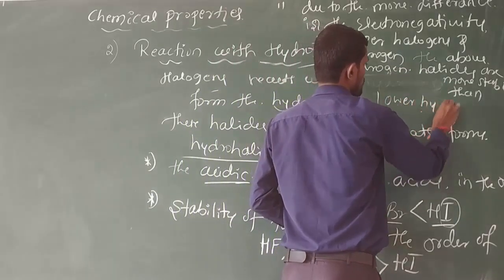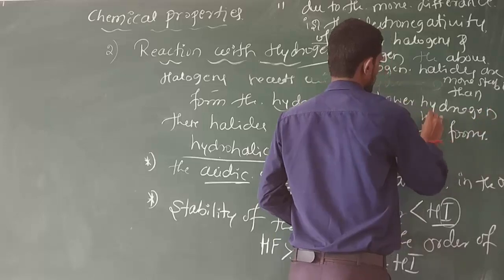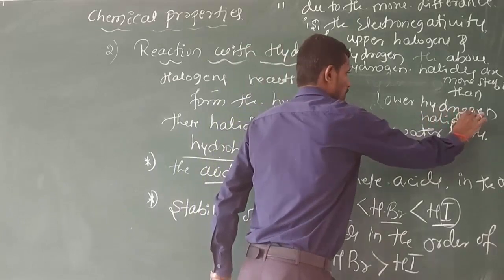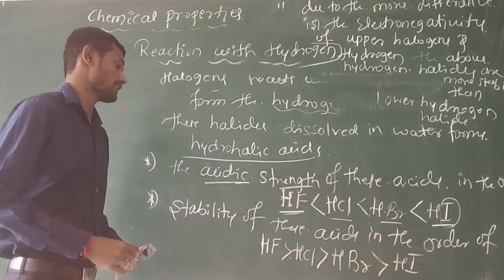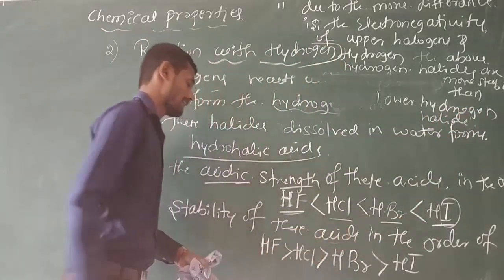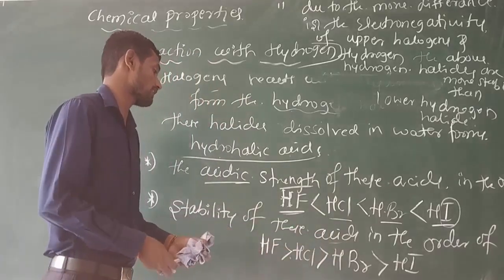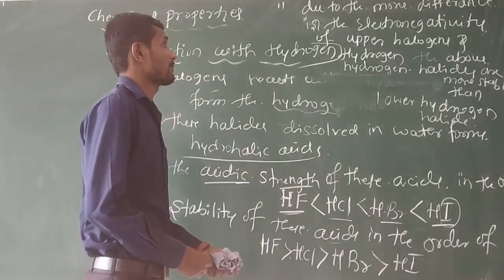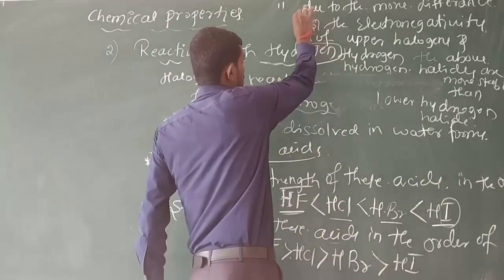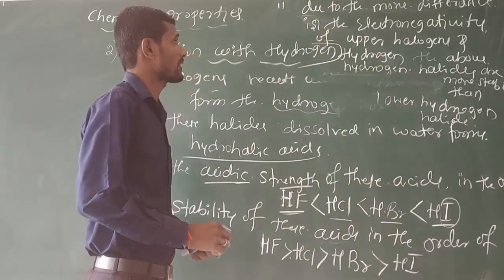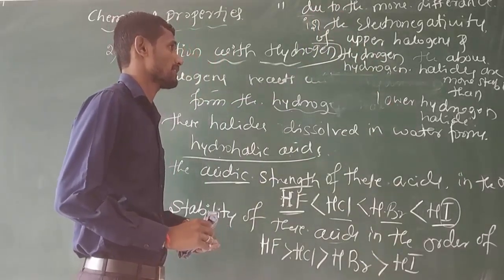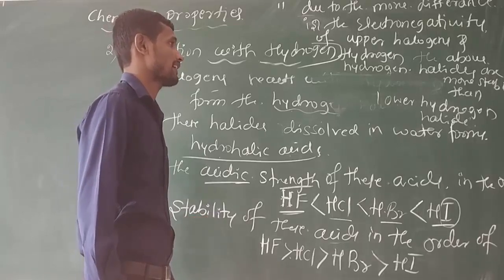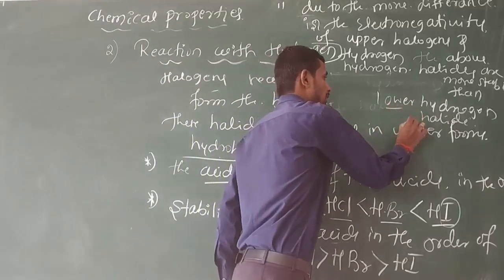Look here, I will come to the point. Why is the stability of the hydrogen halides observed in the order HF greater than HCl, greater than HBr, greater than HI? It comes from this point: due to the more difference in the electronegativity of upper halogens and hydrogen, the above hydrogen halides are more stable than lower hydrogen halides.